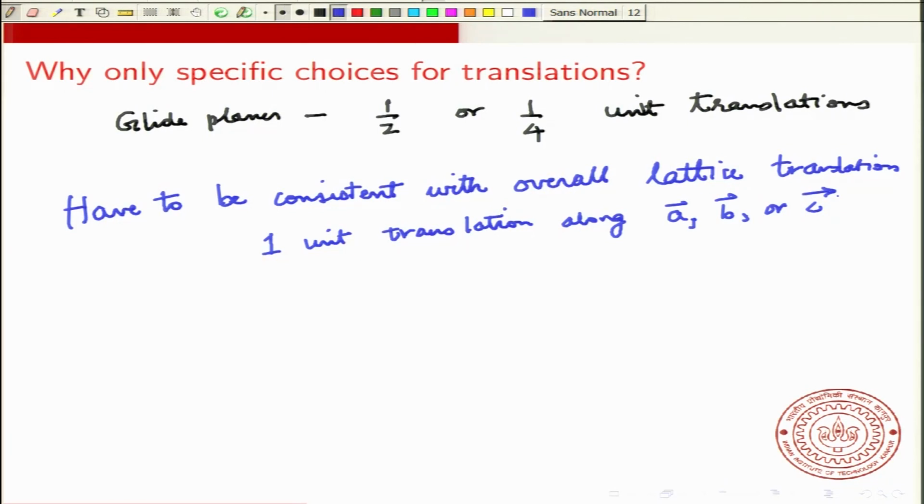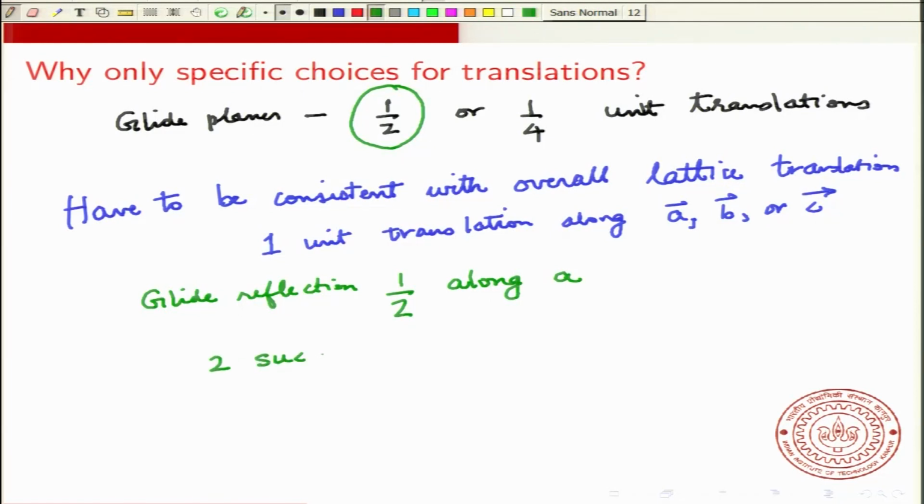For example, if you look at the half glide plane, you do a glide reflection of 1/2, and if you do this 2 times, let me take along A for example, 2 successive glides will generate lattice translation by A.